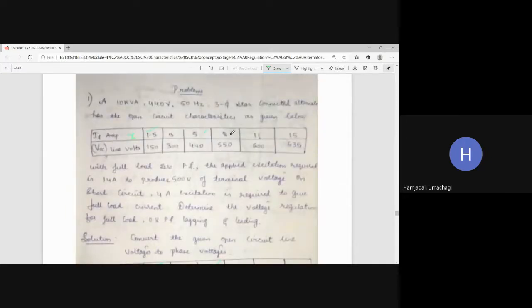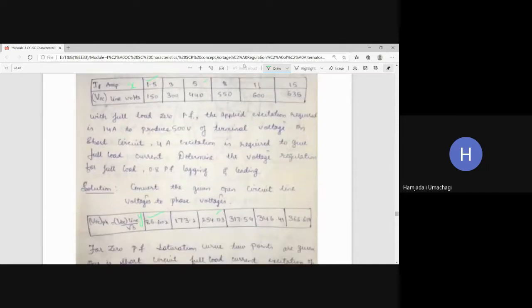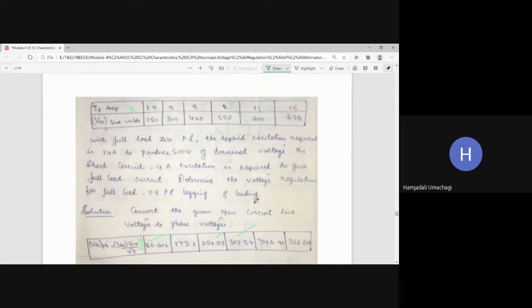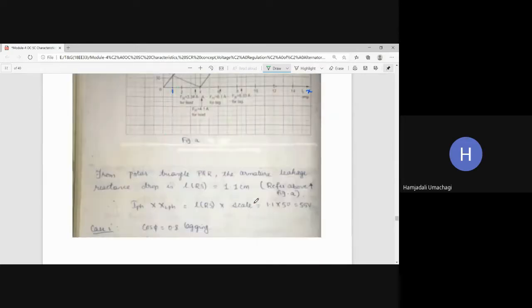Similarly, for the next point, for 8 ampere excitation, the voltage is 317.54. This is my 8 ampere, the voltage is 317, somewhere here we will be getting it.